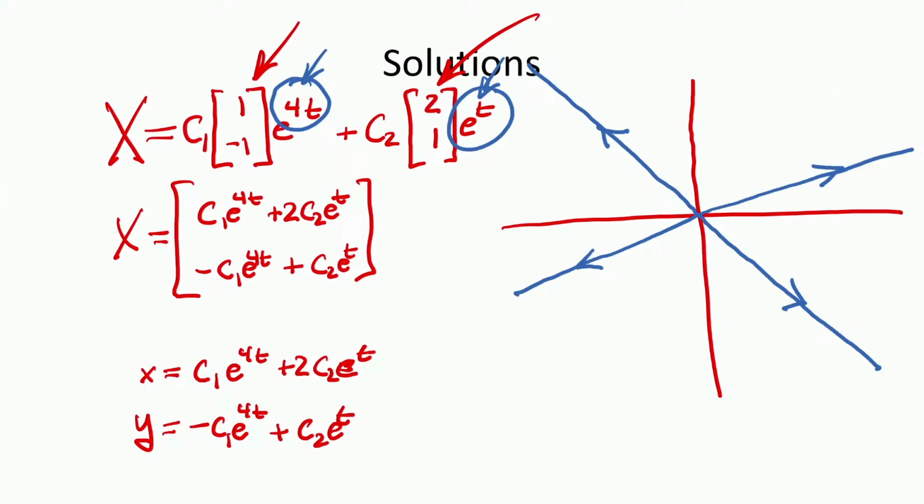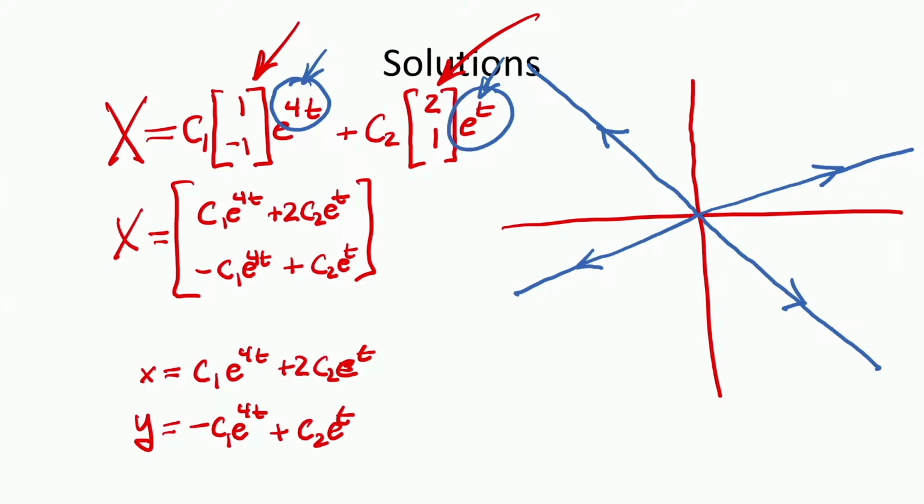Same thing goes with this one. If you're on this solution and you increase your value of t, so let's say C2 equals 1 and C1 equals 0, you're on this line. And as t gets bigger, you go out.